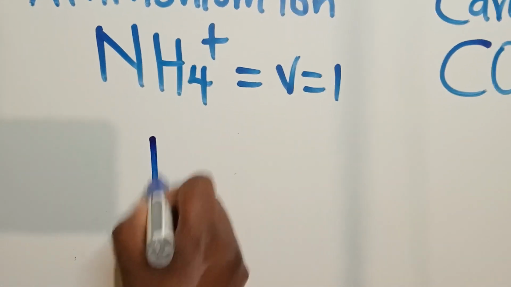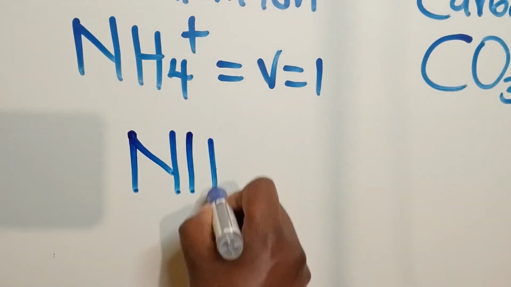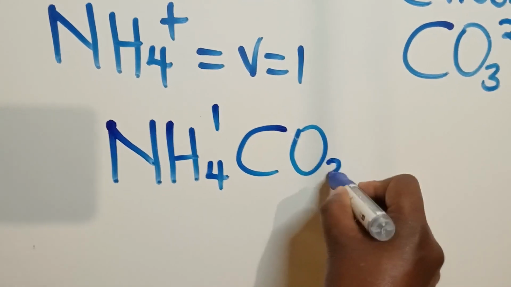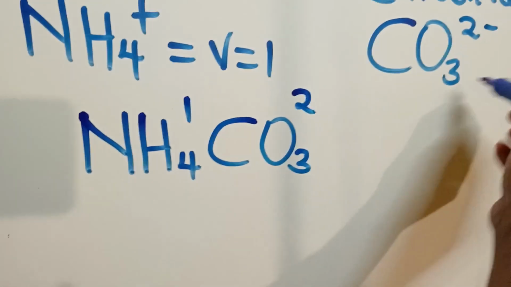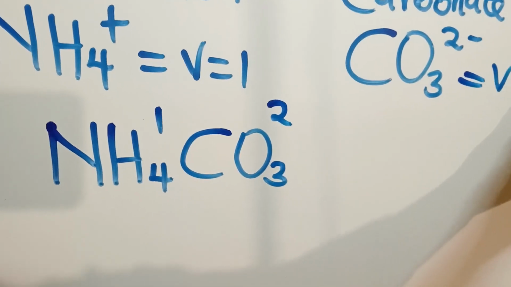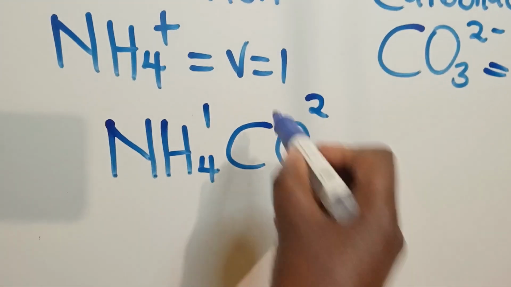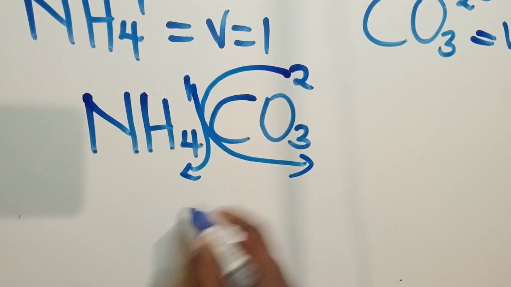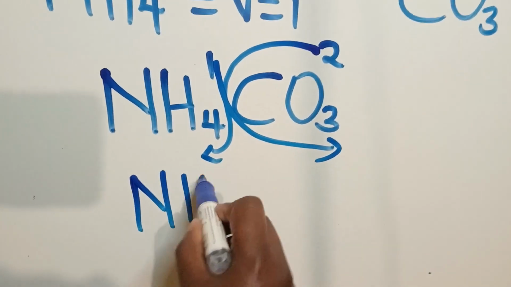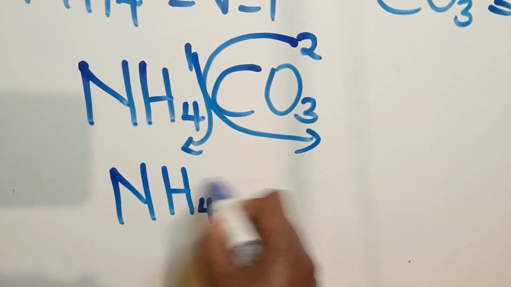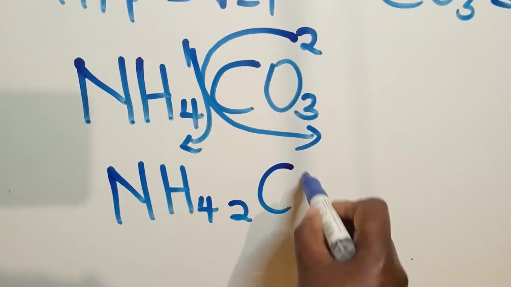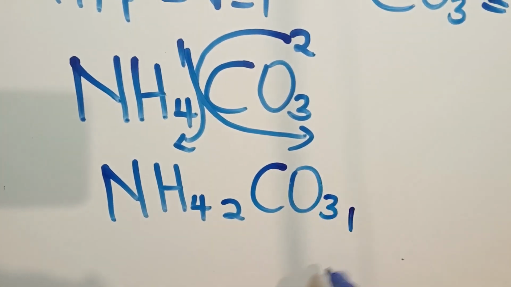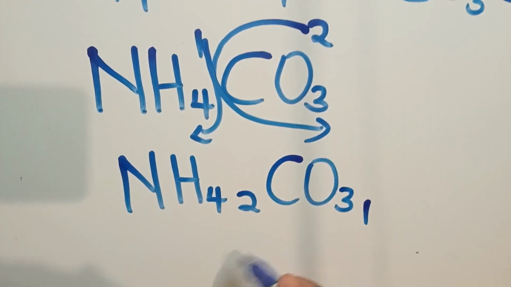So we write the formulas. This has valency 1, CO3 has valency of 2. So they exchange, and NH4 gets the 2 from the carbonate, and the carbonate gets the 1 from the ammonium.